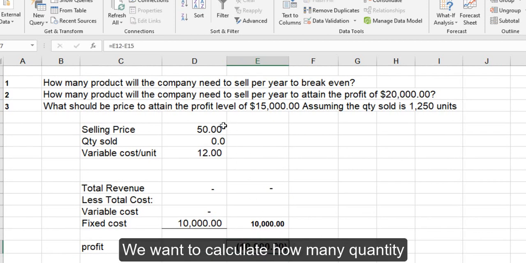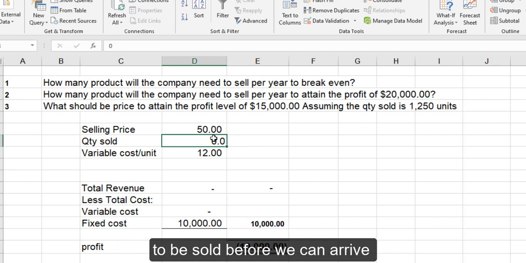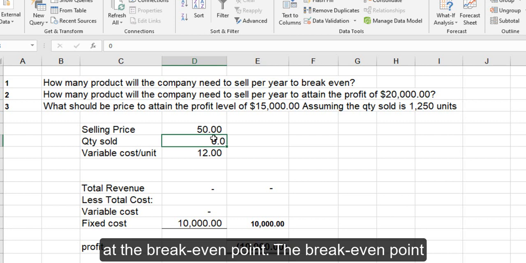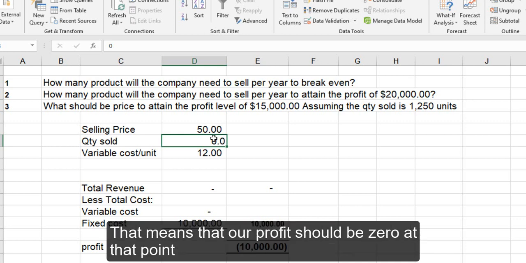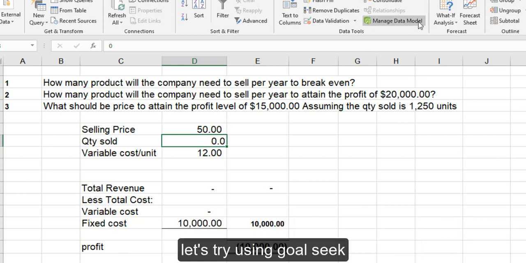Now we want to calculate how many quantity to be sold before the company can break even. The break-even point is the point at which total revenue equals total cost. That means our profit should be 0 at that point.